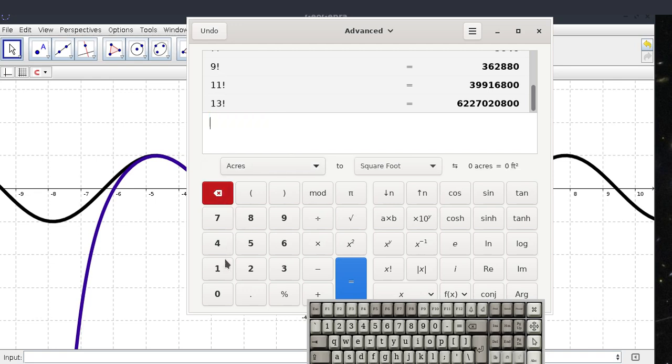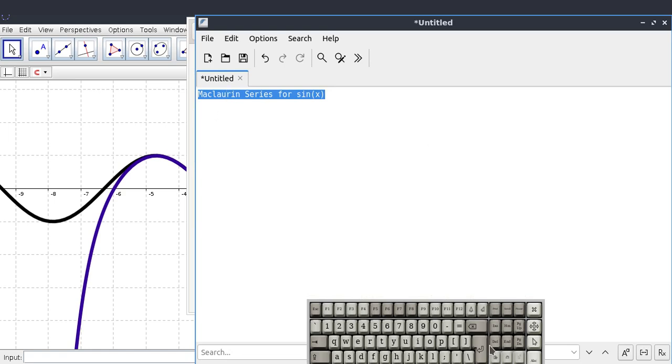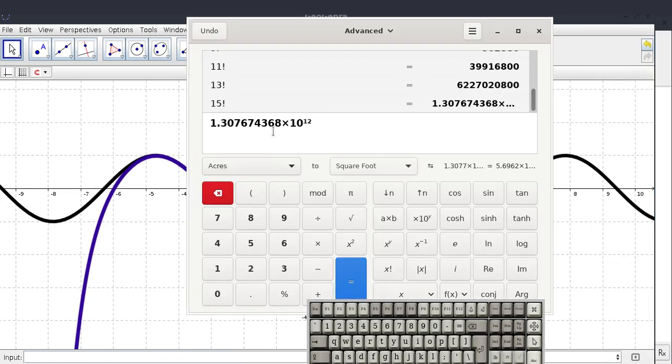What is 15 factorial? It says times 10 to the 12. The number gets really big now. So what would we have? Let's copy and write it out as one plain number.